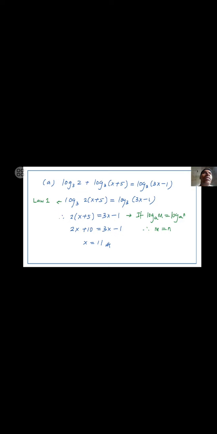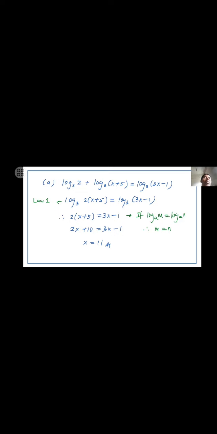If the right side is given, we write the equal left side part. Here the right side is given: in the product rule, the right side has an expression of two terms, and the left side expresses it as a single term. So from right to left now we are applying.